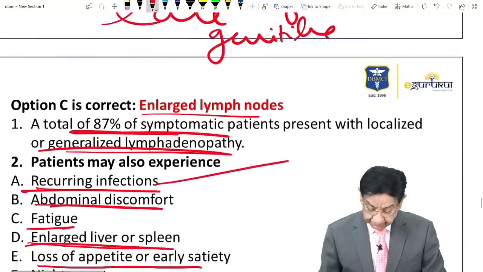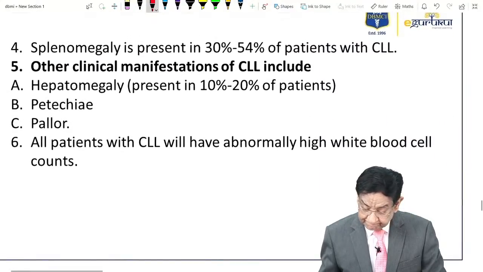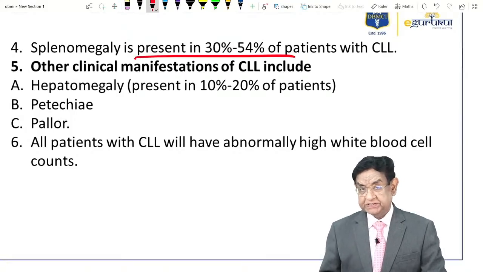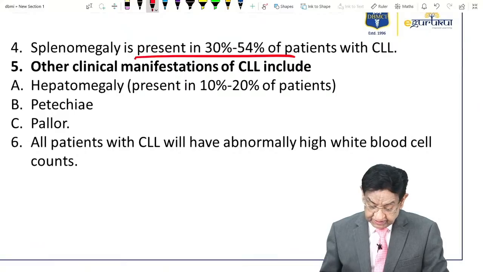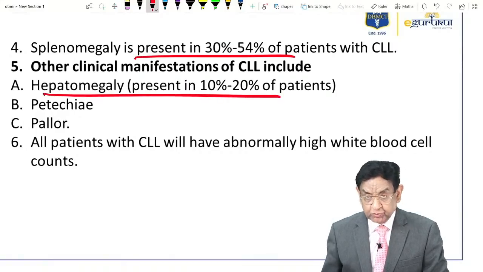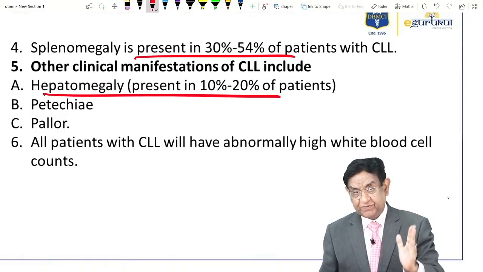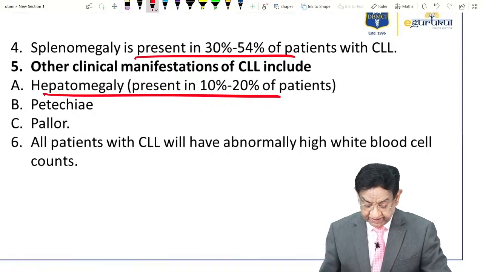Splenomegaly is there in 30 to 50% of cases. Lymph node enlargement about 80 to 90%. Hepatomegaly in 10 to 20%. That means lymph node, spleen, liver.